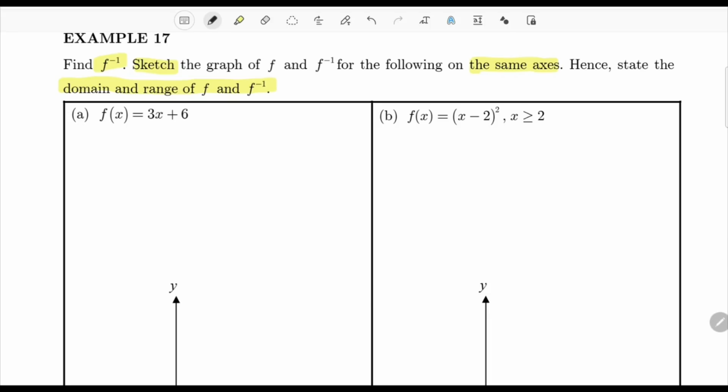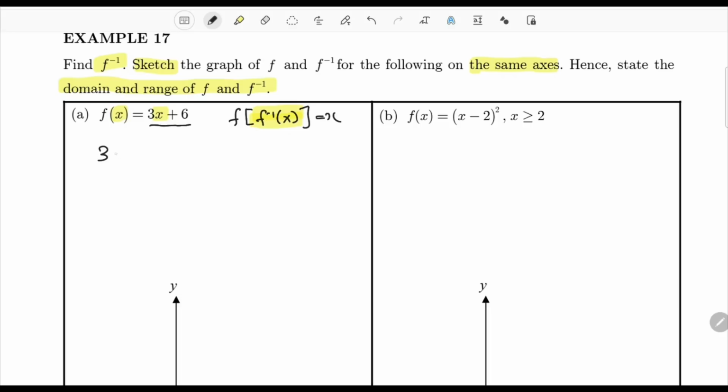So how to get the f inverse? Remember to use f of f inverse x equal to x. Instead of x here, we substitute f inverse.